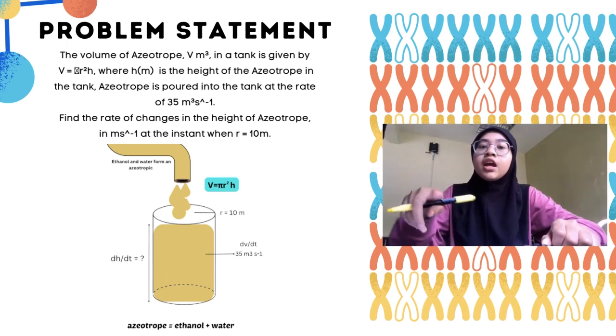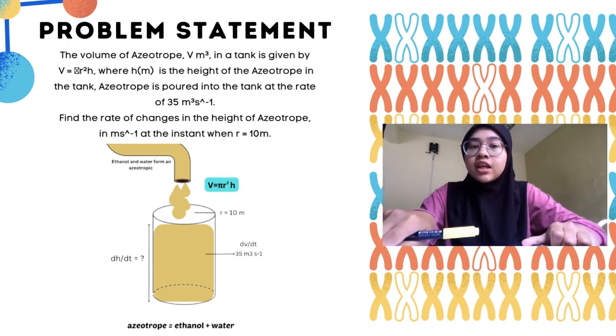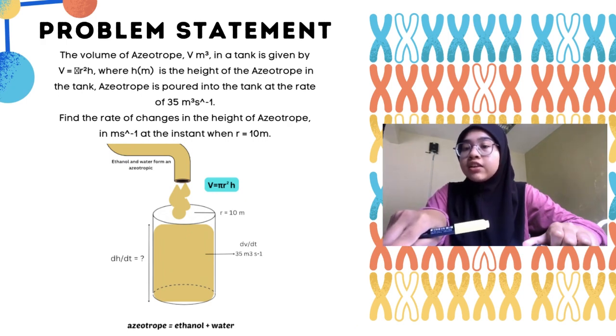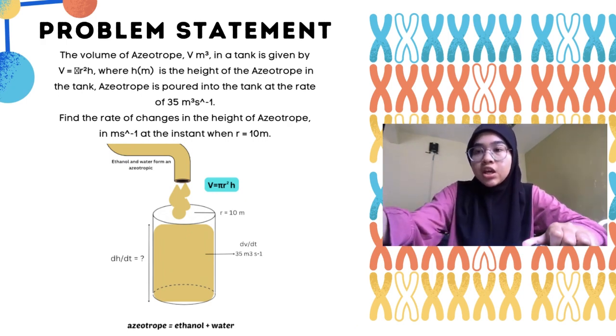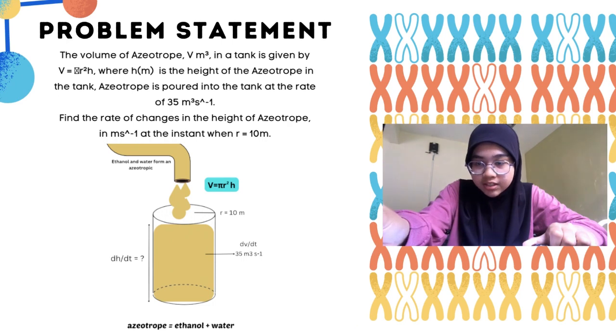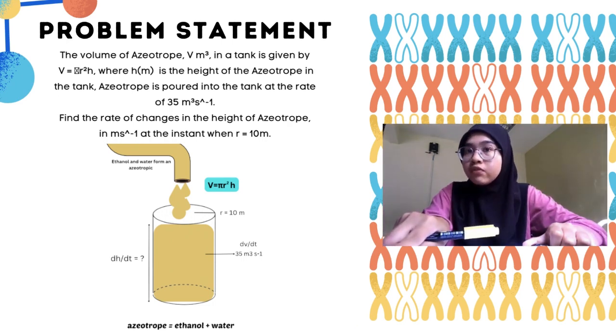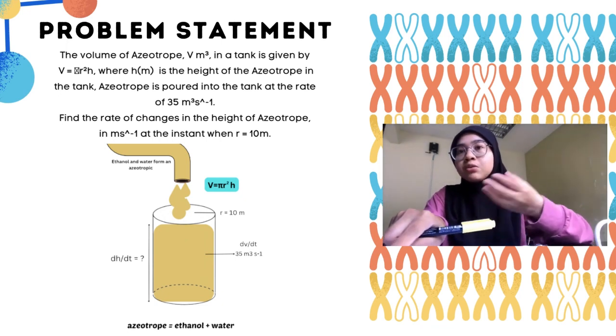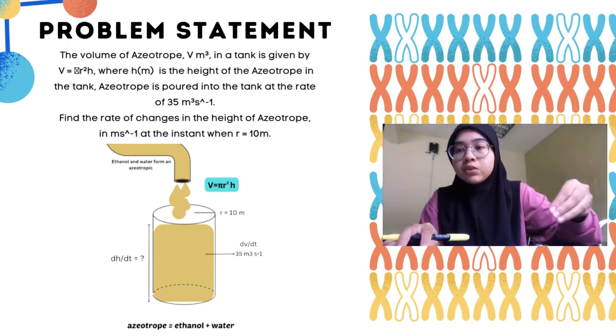We must highlight this because we will have to use this equation when we want to solve the problem later on. And it also said that when the azeotrope is put into the tank, the rate is 35 meter cube per second. Highlight these two because this is one of the main information that we need to take note of in order to ease the way we solve the problem given to us.